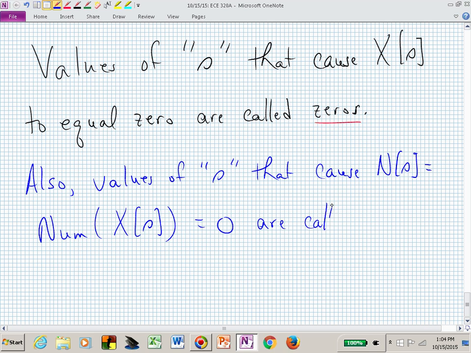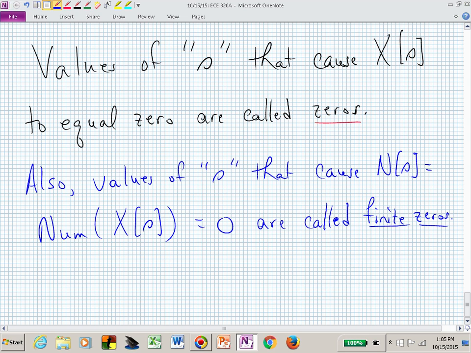If we wanted to get a little bit more specific, those are called finite zeros. And those are the ones we usually think about when somebody says the zeros.